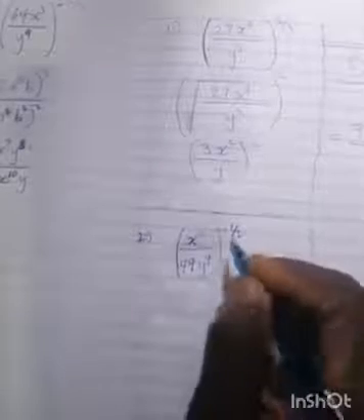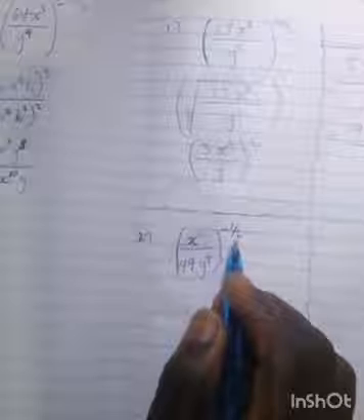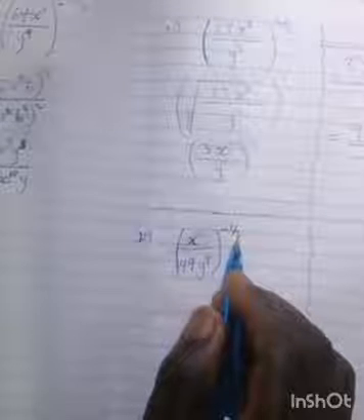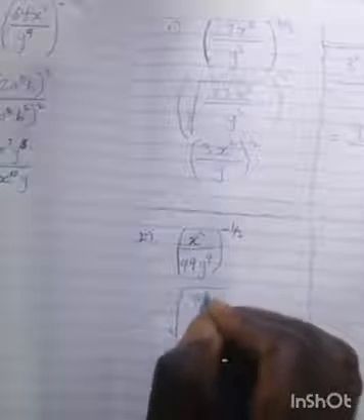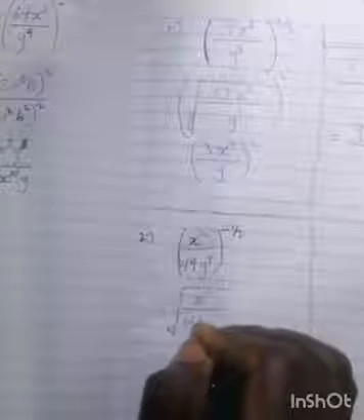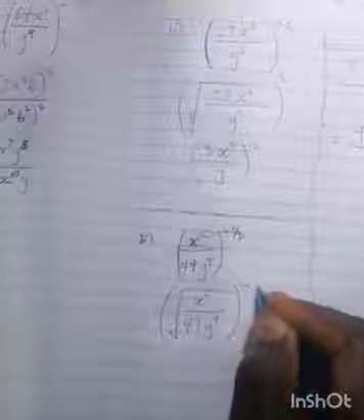So here also, number 2. Let's give it the same approach. I'm going to use this as the square root. The 2 will become the square root. So that's the square root of x squared over 49 y raised to power 4, all in brackets raised to power minus 1.